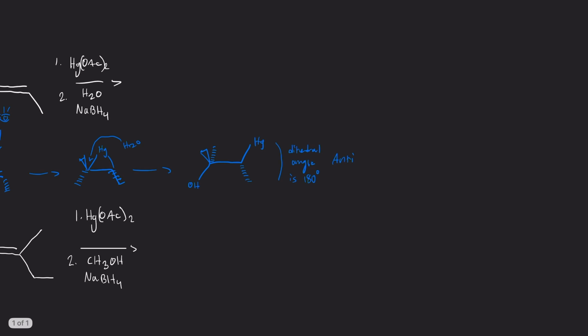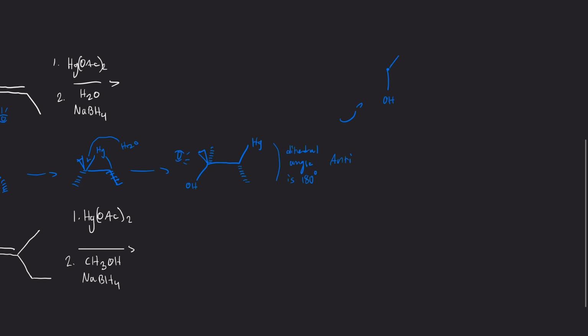And just for more clarification, I'll actually draw the Newman projection here, right? So I'm going to be viewing this from here, right? So our OH will be going down. We have a methyl group going to the right, CH3. And then we have a methyl going to the left. That's also CH3.